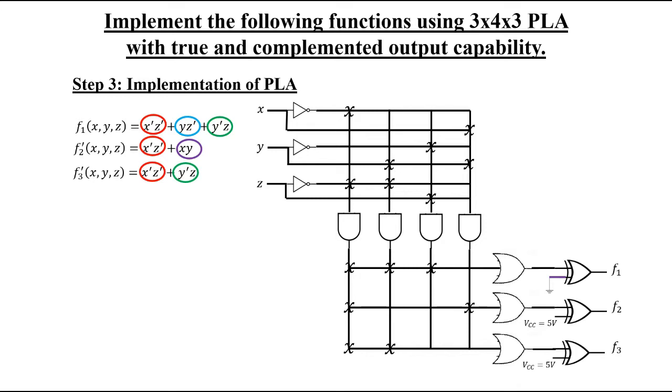In order to invert the output from the OR gate, for F1, the second pin of the XOR gate is applied to ground, while for F2 bar and F3 bar, the second pin of the XOR gate is applied to 5V, which is represented as high, in order to invert F2 bar and F3 bar to become F2 and F3.